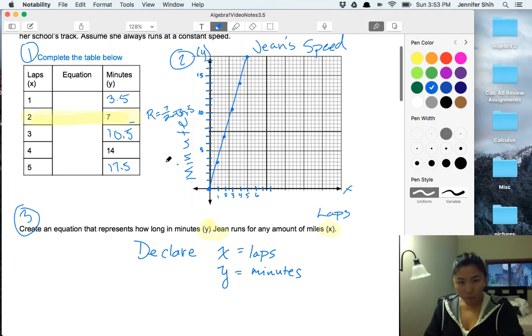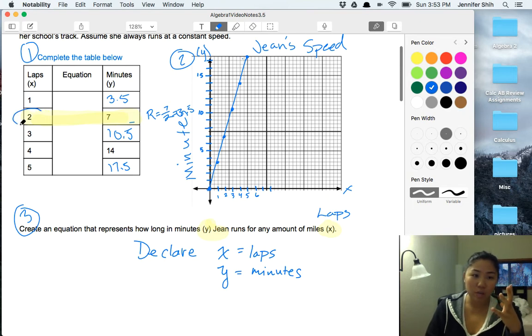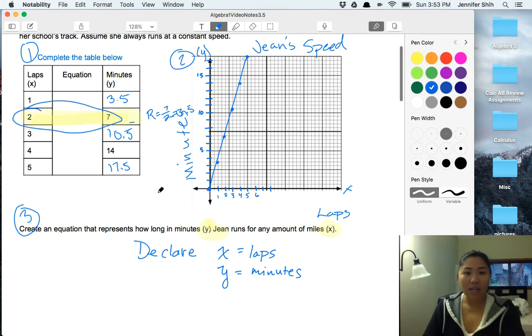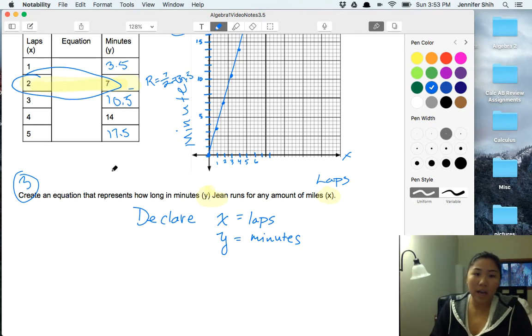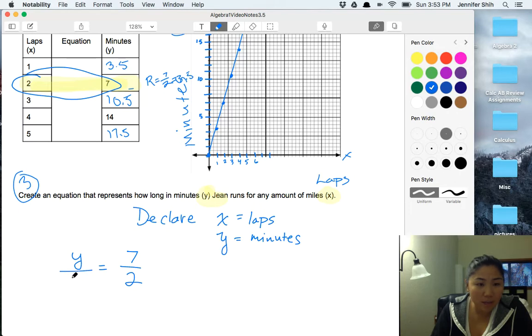And I want to bring you back to this special relationship here, 7/2. This was the first information we had. 7 is under the Y column. Our ratio is 7/2, and what that's equal to is all the Y values over the X values.